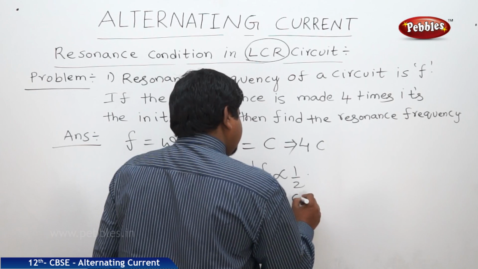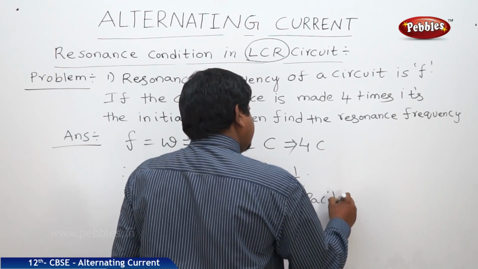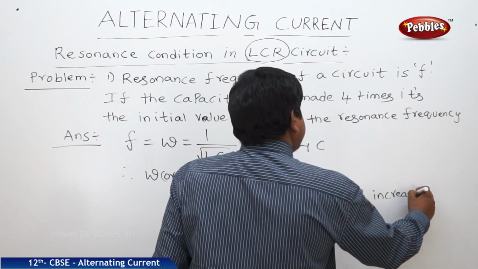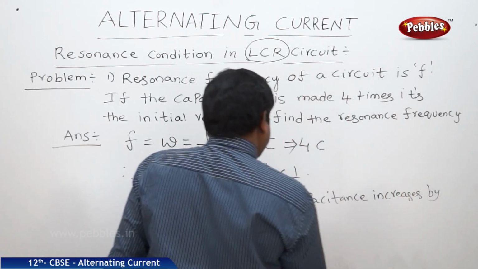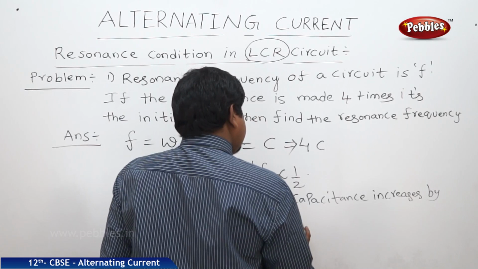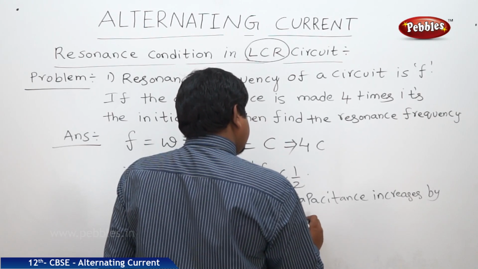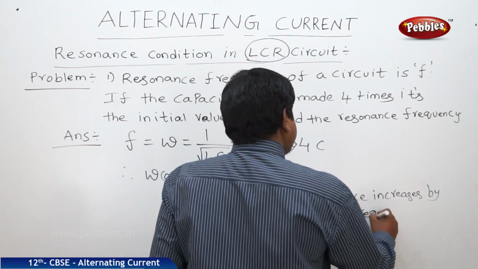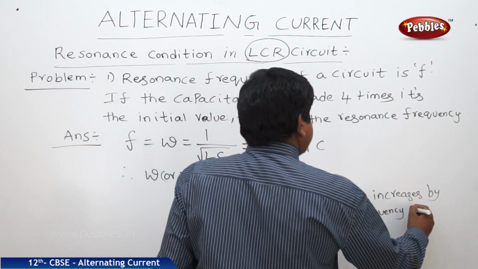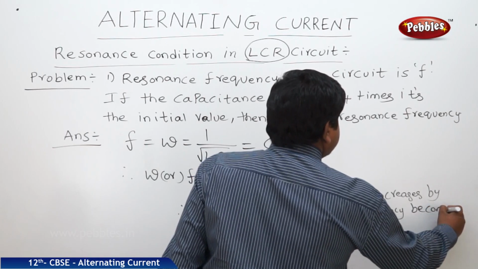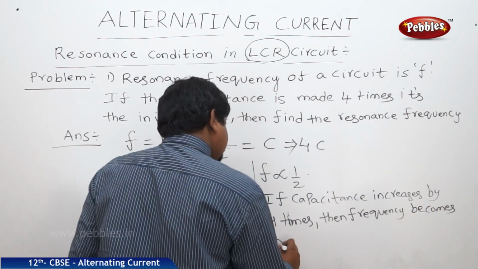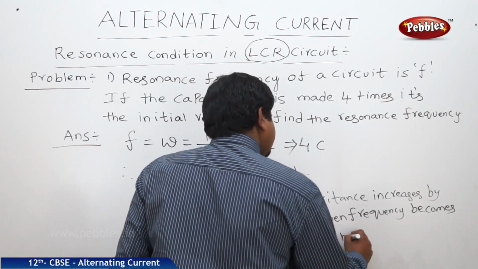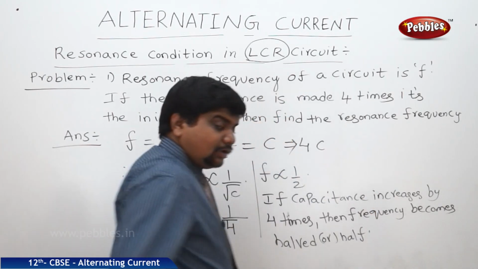If capacitance increases by 4 times, then the frequency becomes half of the original.